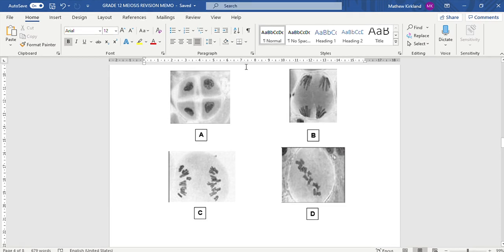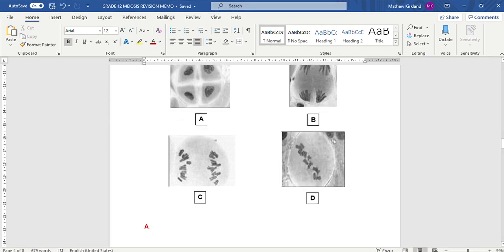So clearly, in this cell, we are right at the end, and in this cell, we are going from 2 cells to 4 cells, and the splitting is occurring. So clearly, I'm just writing down what the phases are, I'm not doing the order just yet. A is telophase 2, and B is anaphase 2.